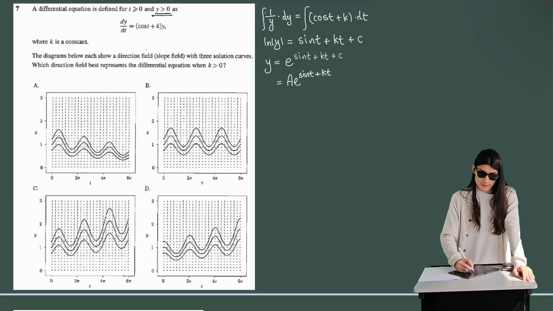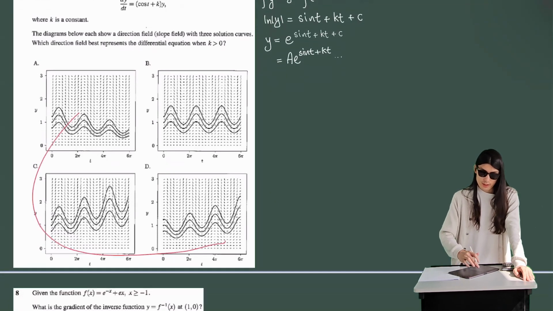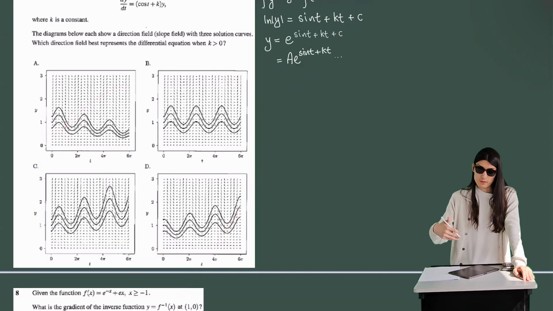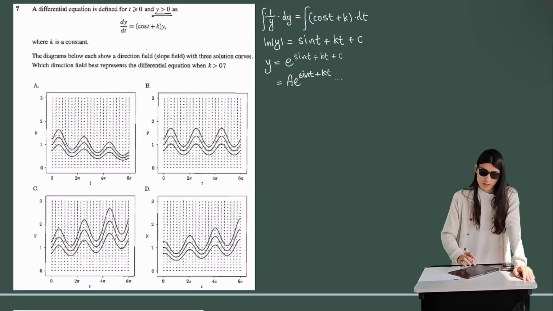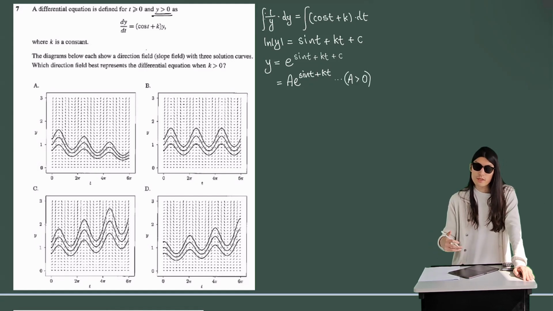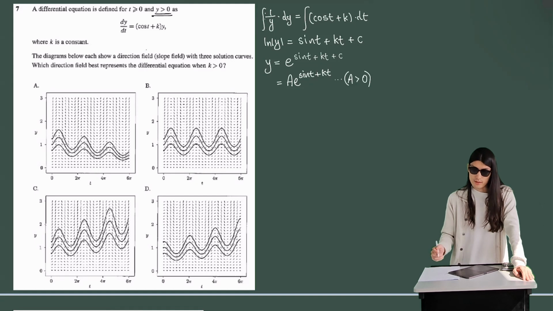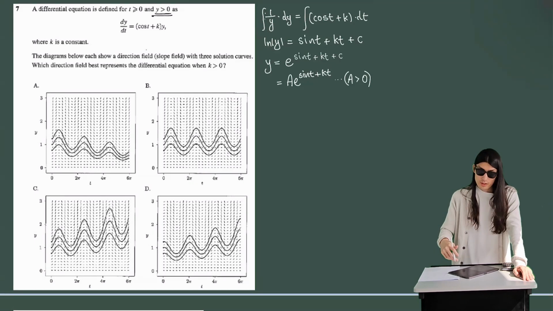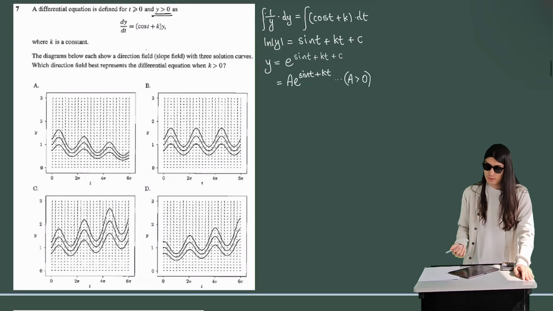And of course, we know that everything right here is occurring in the first quadrant, right? t greater than or equal to 0, y greater than 0, we would be talking about a being a constant but a positive constant, wouldn't we? And that's the equation of the general solution.